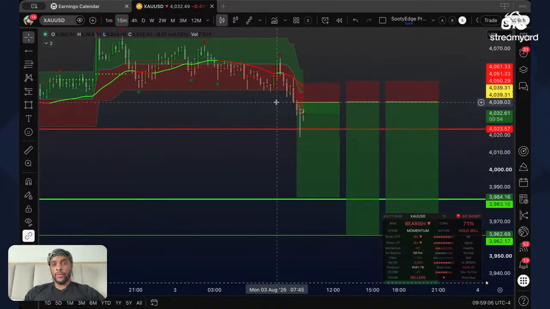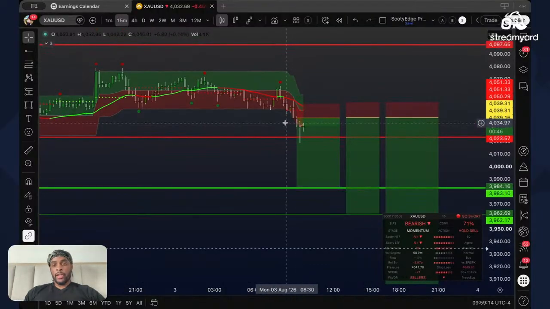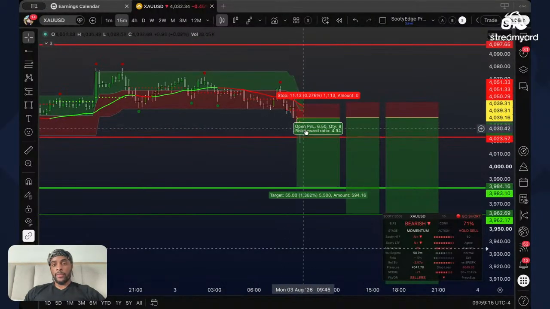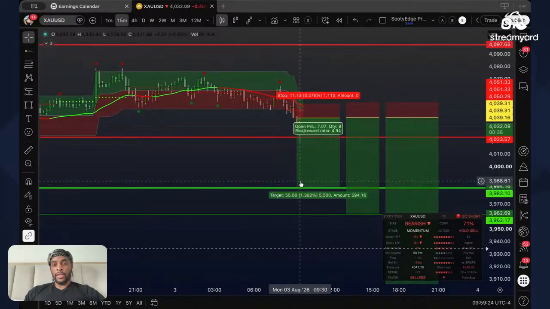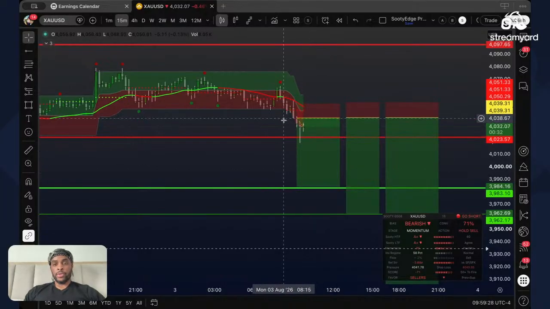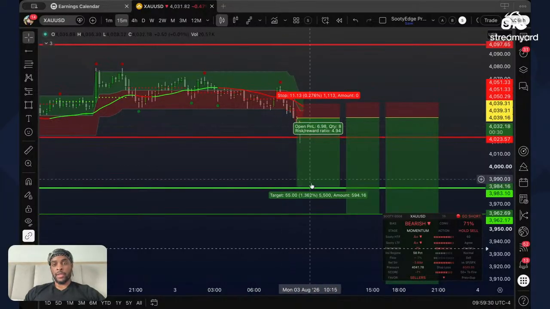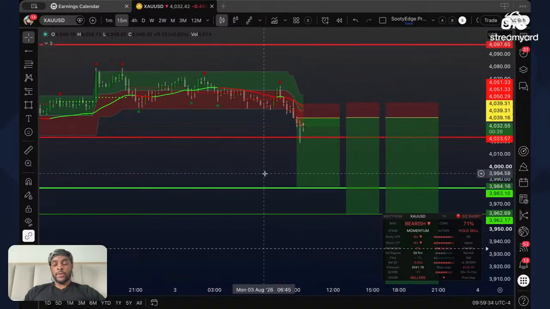So if you were in right here where I got in at 39, you'd currently be up $7 on a small account. But you gotta let it build some structure. Then you just keep adding as it goes down, and then you start targeting your target points. And this $55 move could become 2 positions or 3 positions, and that can actually become 150 for this move instead of just $55.